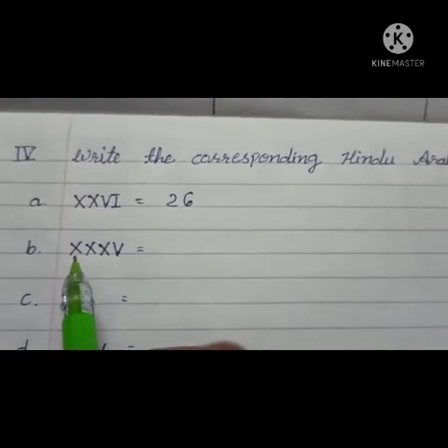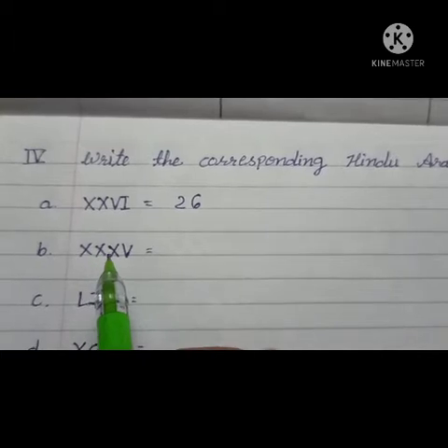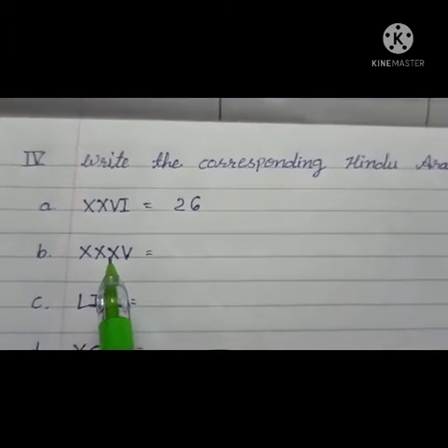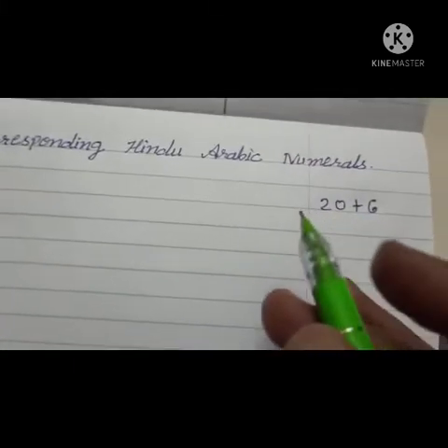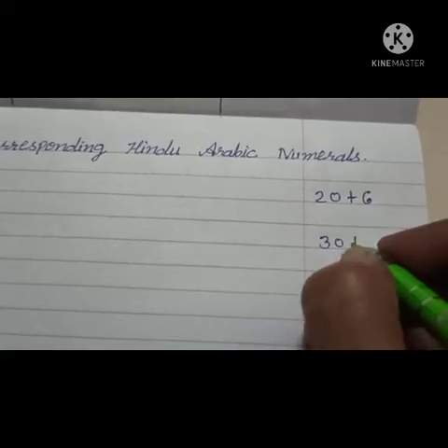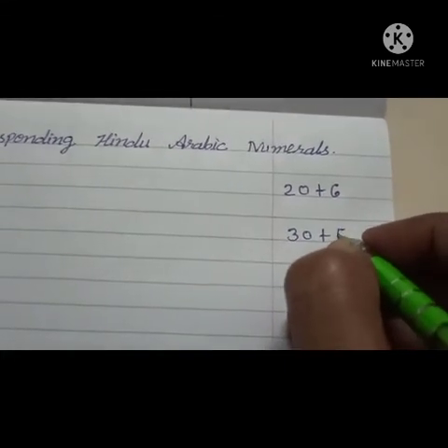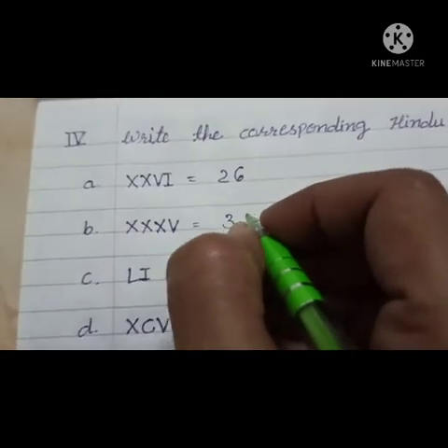Now X has a value of 10 plus 10 plus 10. That means 30. And V has a value of 5. 30 plus 5. Right here, 30 plus 5. That means answer is 35.